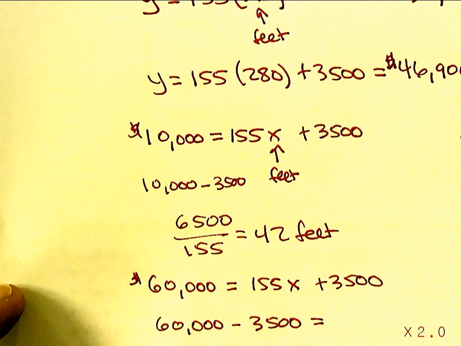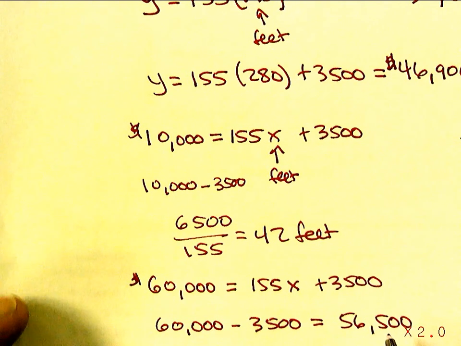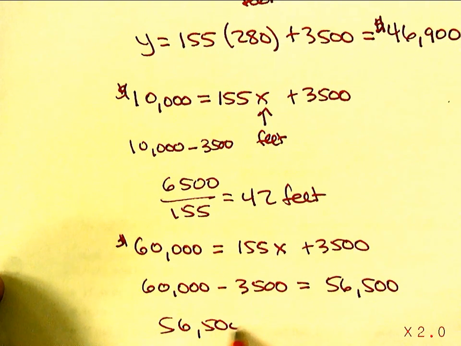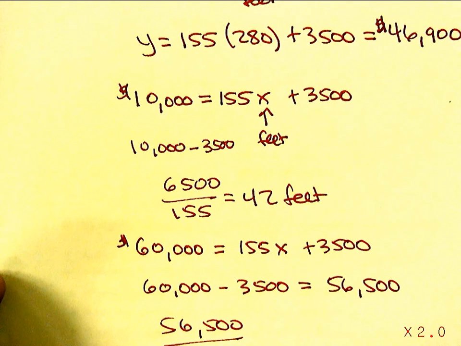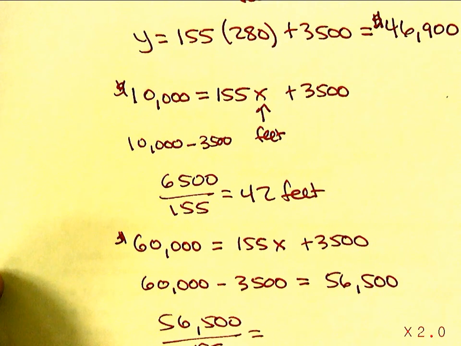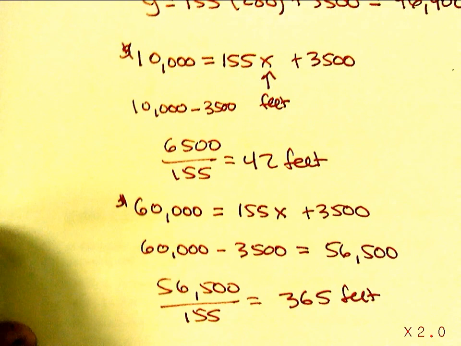That leaves $56,500 in painting costs. Now I have to divide that by the $155 per foot, and I get about 365 feet of bridge painted for that amount of money.